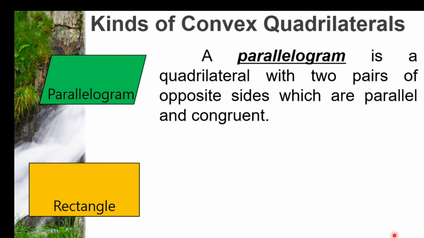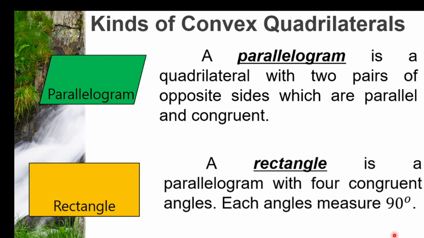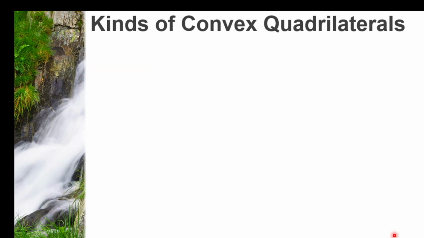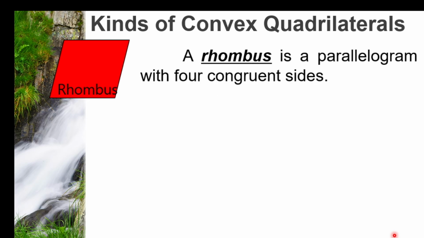Next is a rectangle. A rectangle is a parallelogram with 4 congruent angles. Each angle measures 90 degrees. Next is a rhombus. A rhombus is a parallelogram with 4 congruent sides.